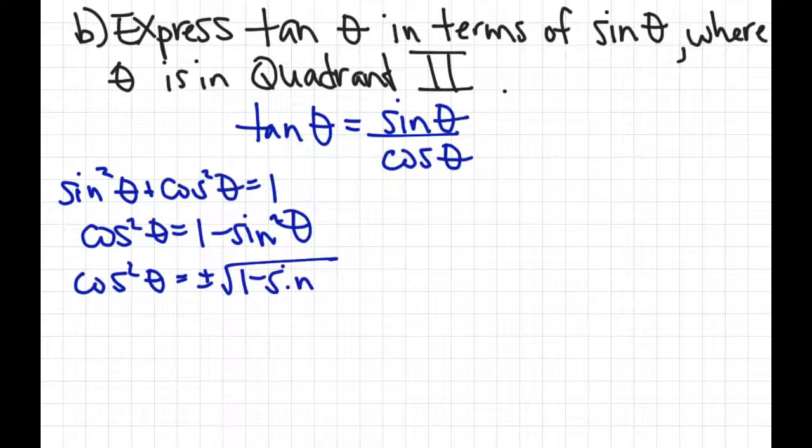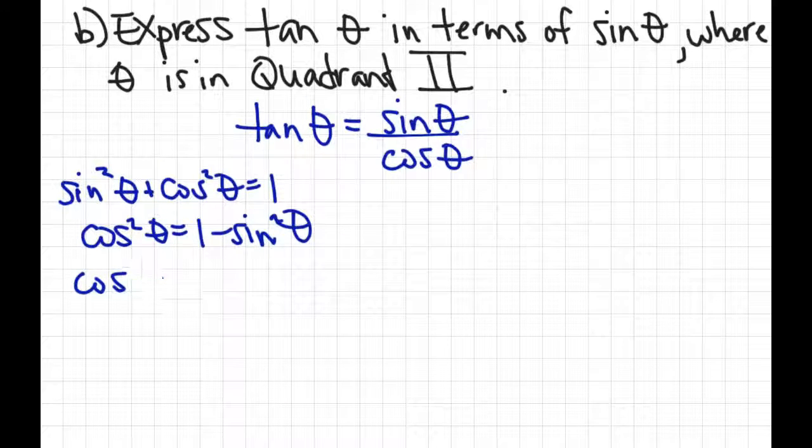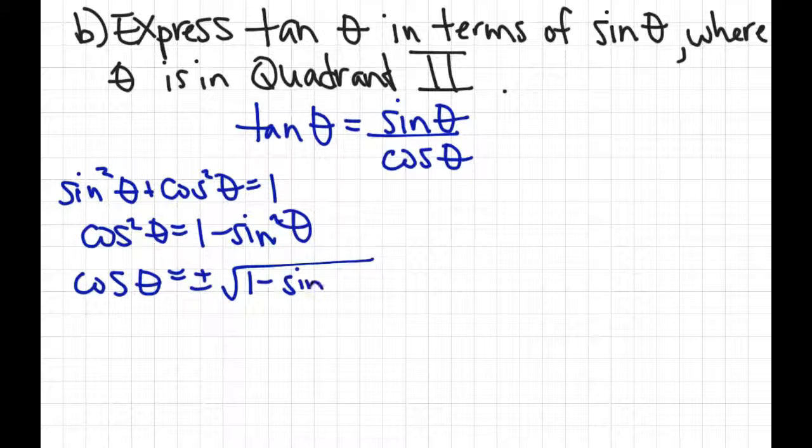But now we have to decide, should I pick positive or negative square root of 1 minus sine squared theta? Well, oops, I should not have a cosine squared. It should just say cosine theta is equal to plus or minus the square root of 1 minus sine squared theta. All right, let's try that again.